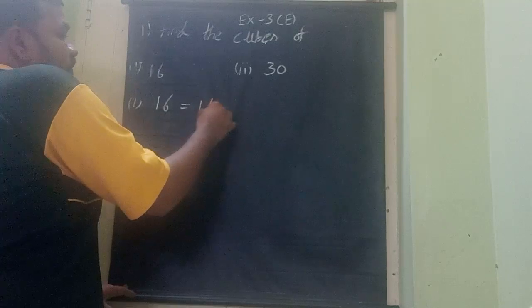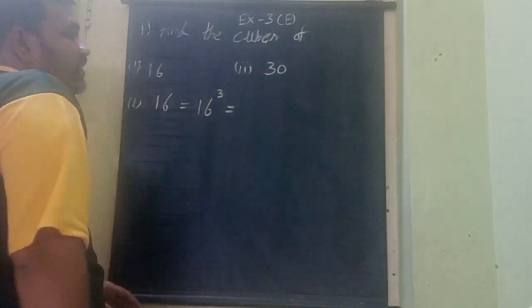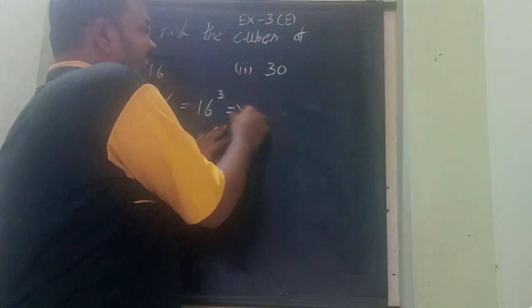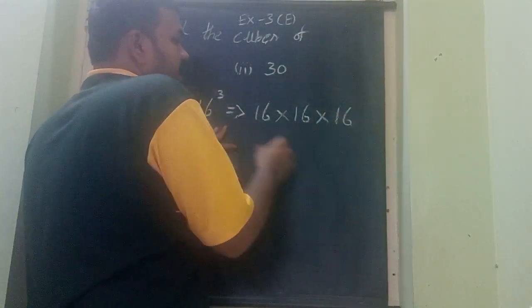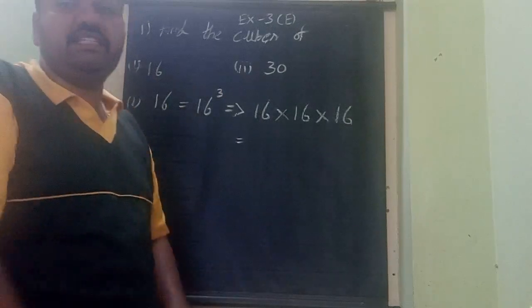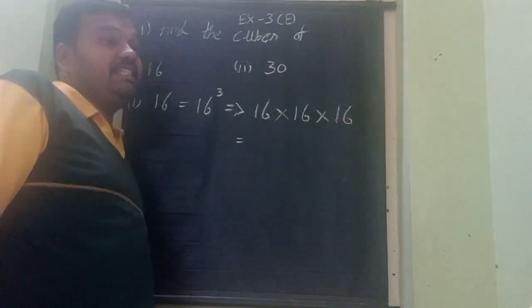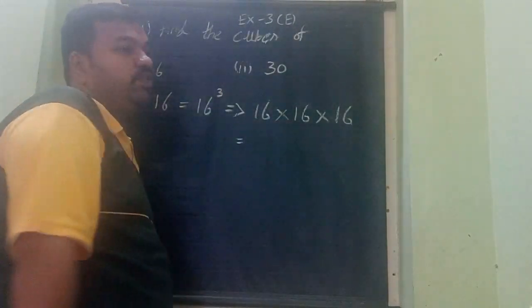Cube means power 3. That means we have to repeat 16, 3 times: 16 into 16 into 16. In the previous exercise we did the square of 16, which is 256.